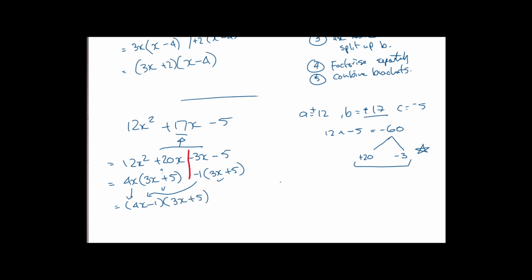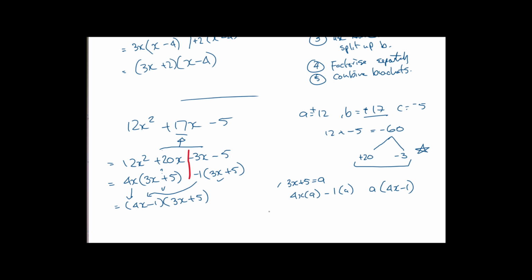It's kind of like if I said let 3x plus 5 be equal to a. Well, this is going to be 4x times a minus 1 times a. So these have a common factor, so we can factor out the a, and then we've got it like that. So we're kind of like factoring inside of factoring.